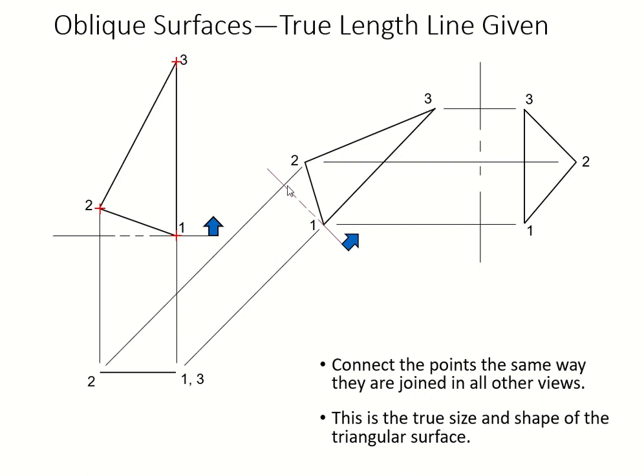So your distance from the fold line to 2 has got to be the same. Your distance from the fold line to 3 has got to be the same. And 3 and 1 are on the same line, so it solved the problem. Your distance to 1 is at the fold line because we started out that way, but it's easier for us to draw that way.